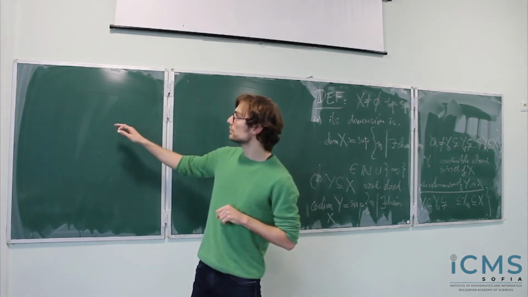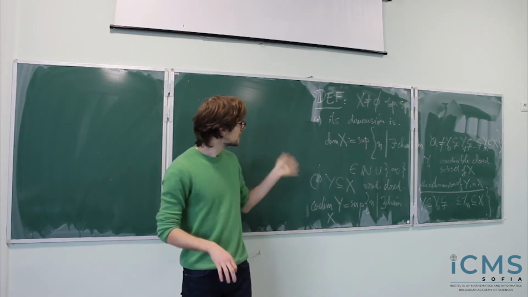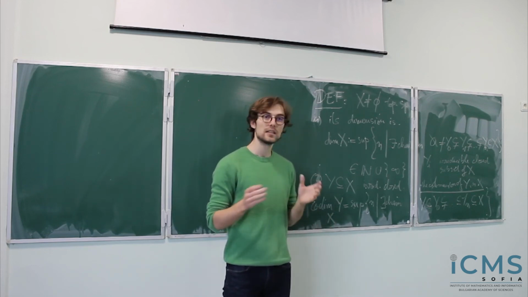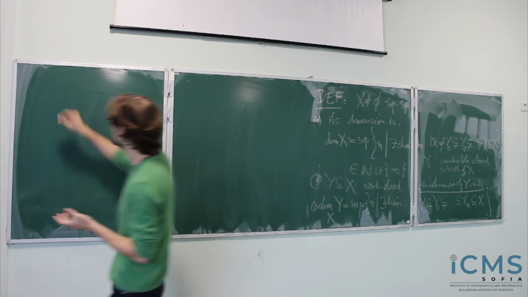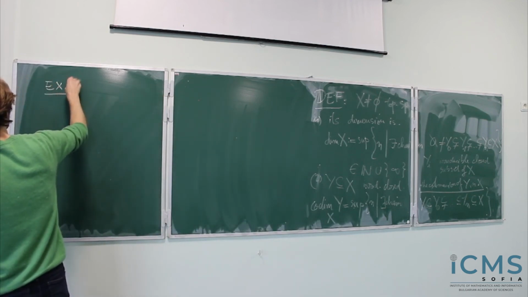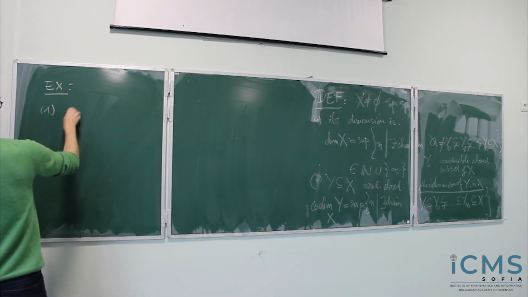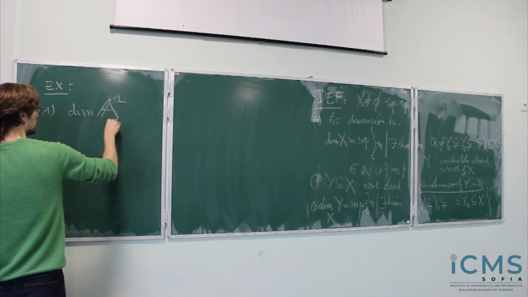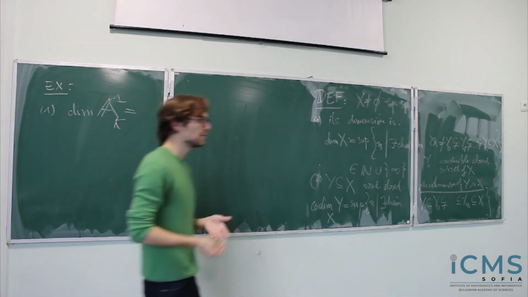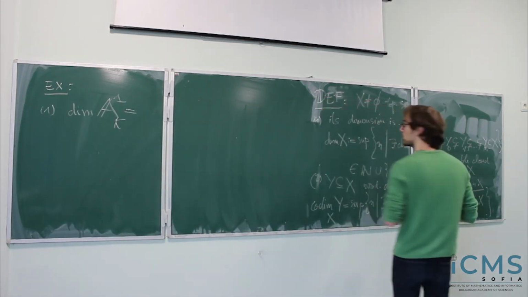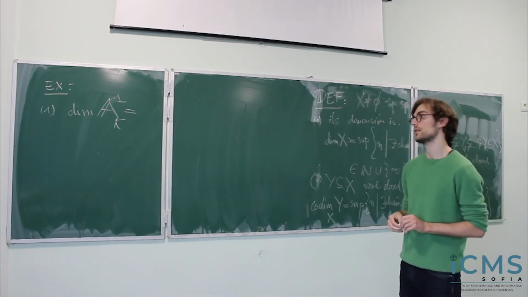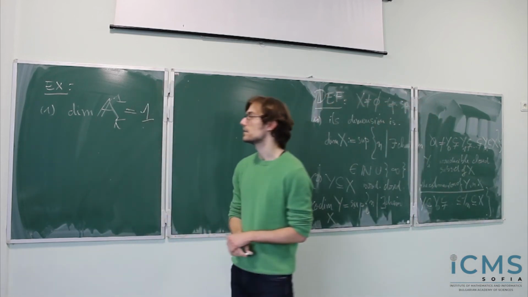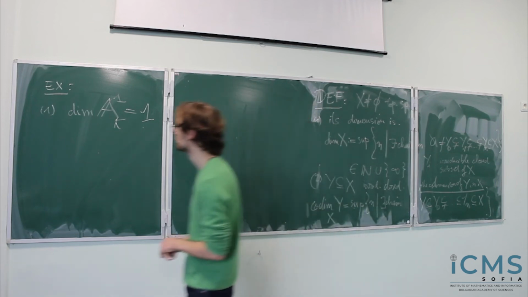Now, as I mentioned, for affine subsets, things will work out very nicely. Let's give some quick examples. Okay, so for the first one, as we already have established, the topology of A1 of K is relatively simple, so we can easily prove that its dimension is just one.